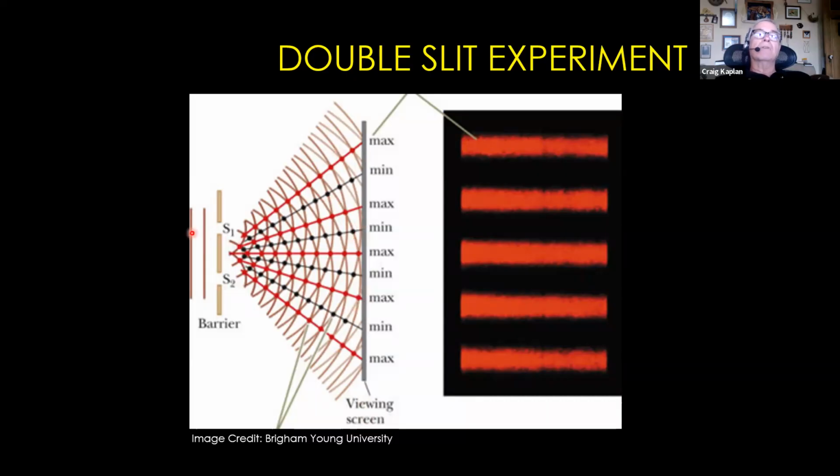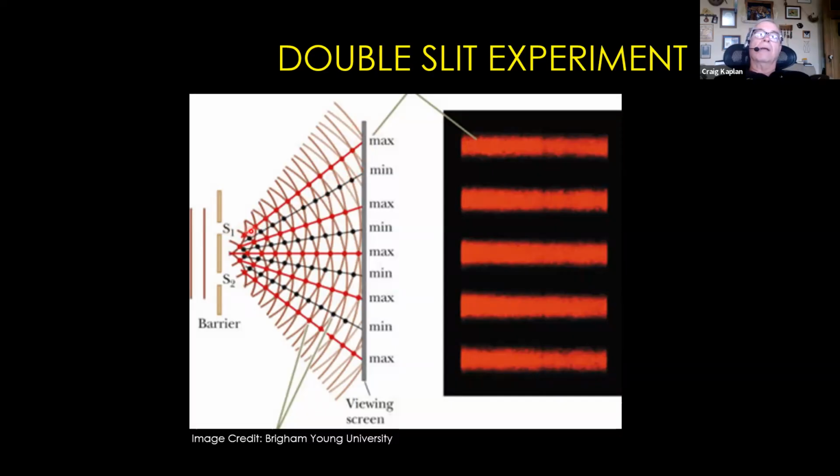As a wave, however, as it passes through the slit, it gets diffracted in various directions. And so these two slits result in two waves that interfere with each other. In the interference pattern, these red lines here are the antinodes, and these black lines here are the nodes of minimum.